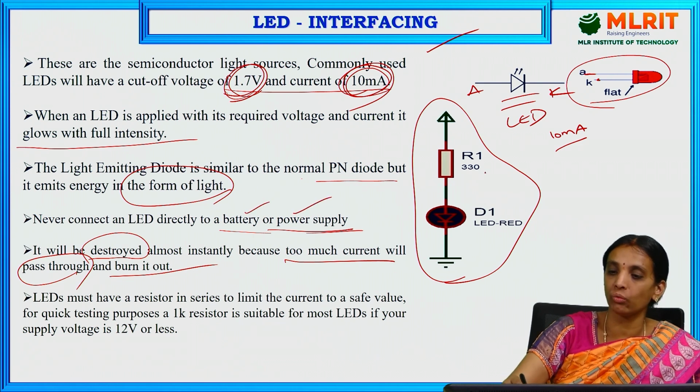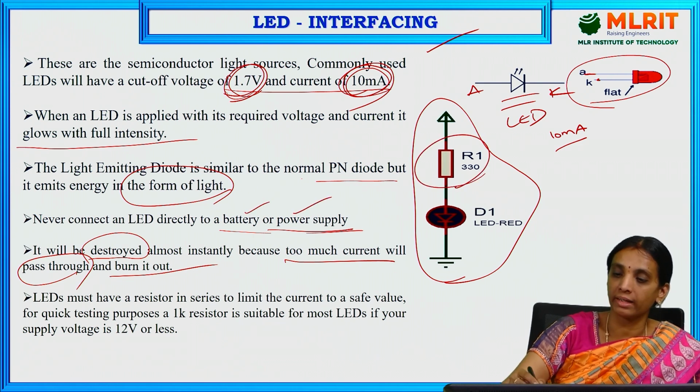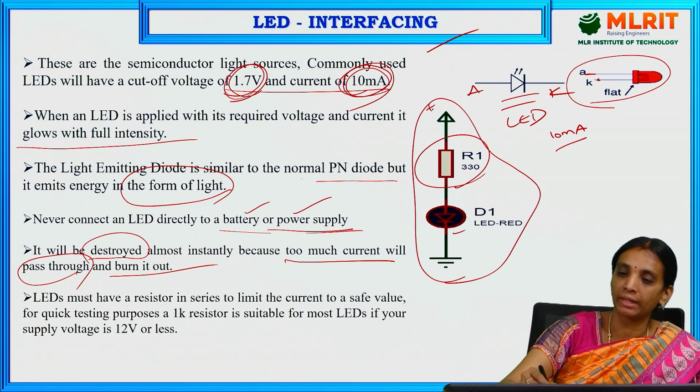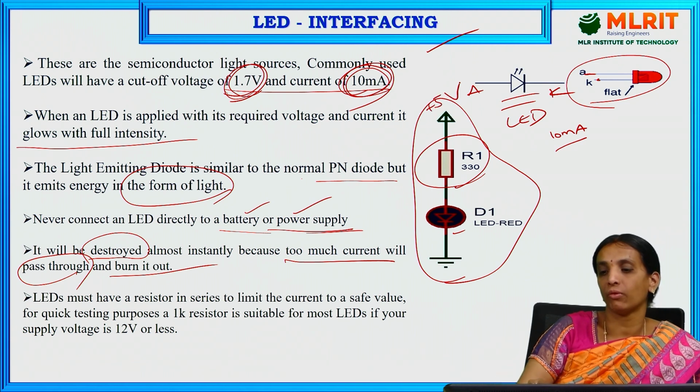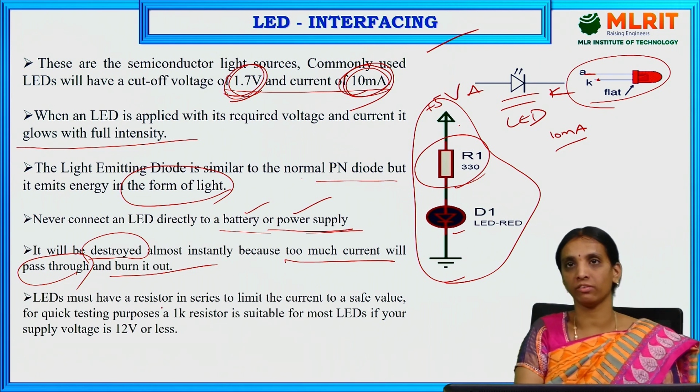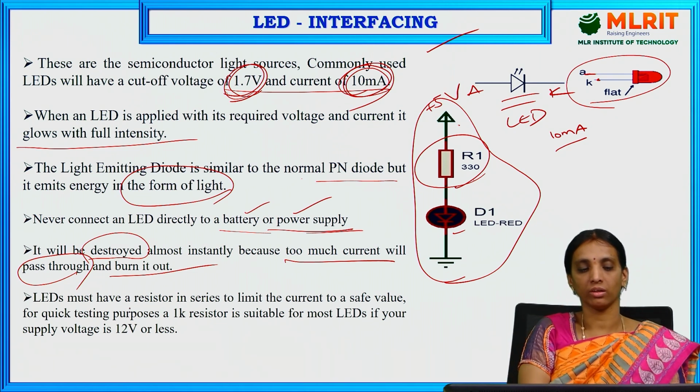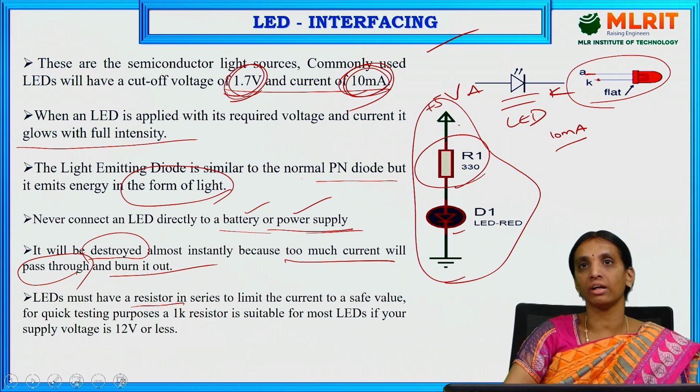We have to use one resistor for connecting the LED to the battery. Before connecting to the battery, we need to use one resistor with the LED. The LED must have a resistor in series to limit the current to a safe value.